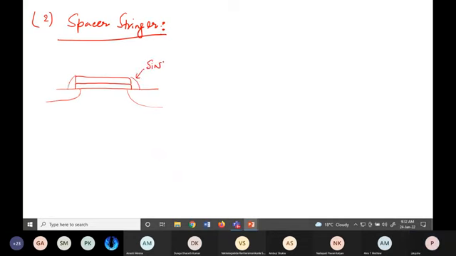You create this silicon nitride layer all over the substrate, then you etch silicon nitride from the horizontal part, from here, from here, from here. Only the vertical portion adjacent to the gate will have silicon nitride, because the horizontal part you manage to selectively etch, but this vertical portion will remain.